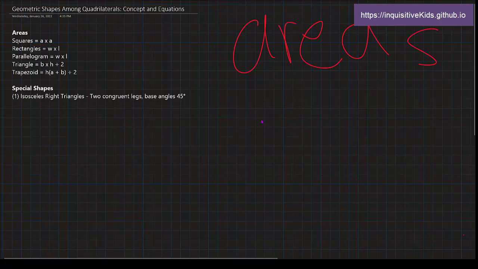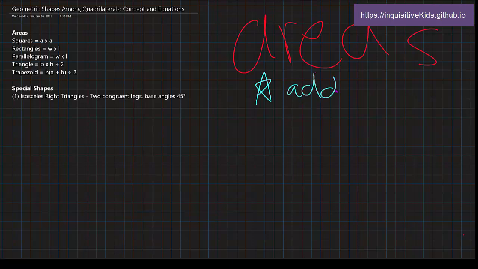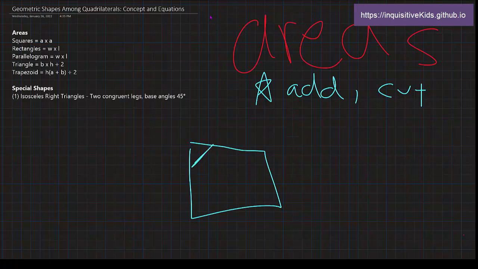Something that you need to master is being able to add and then cut. For example, in some problems you'll see, okay, this is a square, but then this part is cut, and then this part is cut. And somehow you're trying to find the area of this. So what you would first do is add. You have to visualize how, okay, right now I see a square, but one part is cut off or folded in.